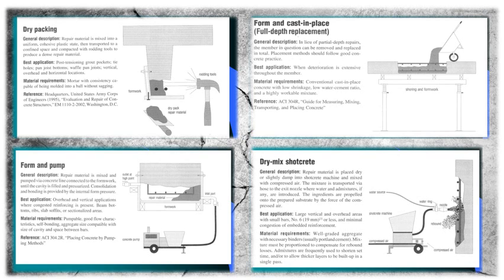And lastly, the other method is dry mix shotcrete. Dry mix shotcrete material is well-graded aggregate with necessary binders. These are some examples of the methods and materials. The next methods and materials will be explained neatly by the next reporter.